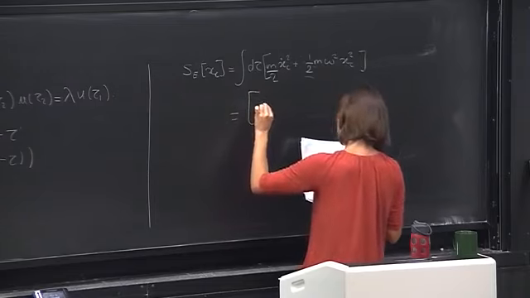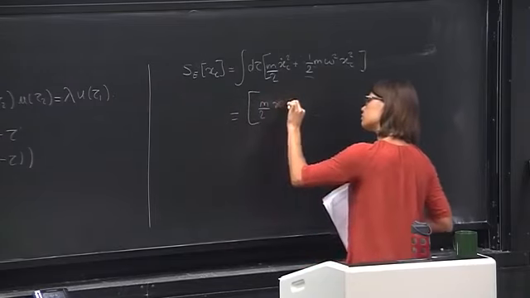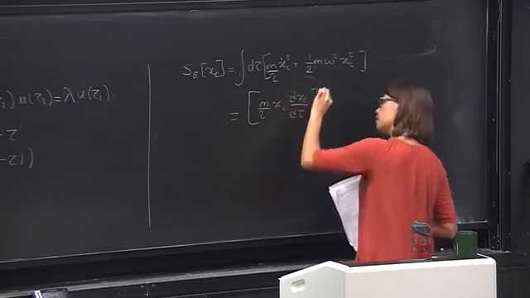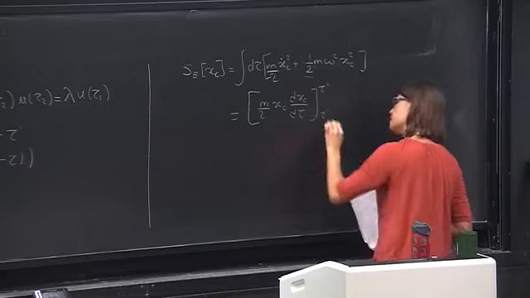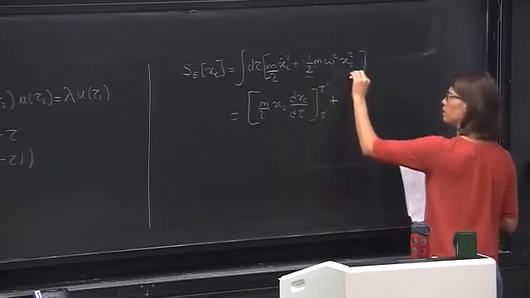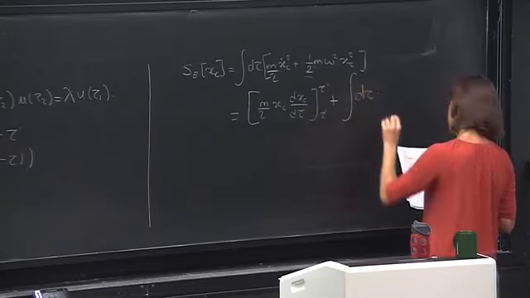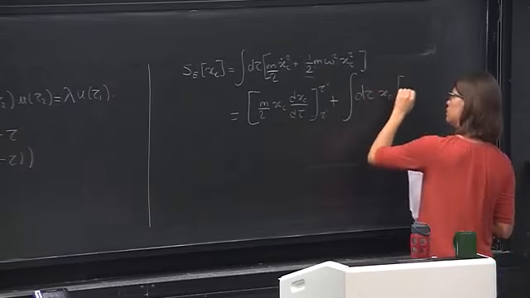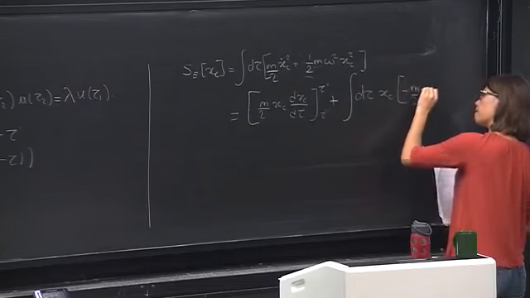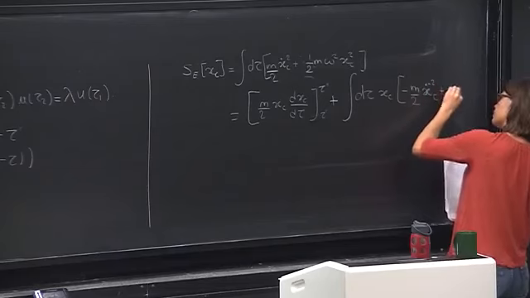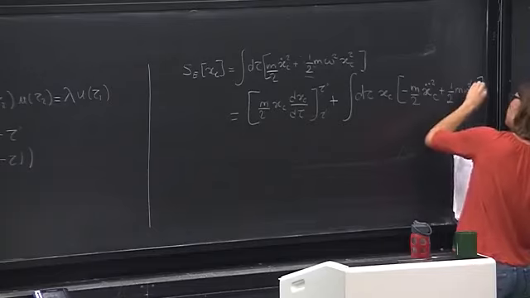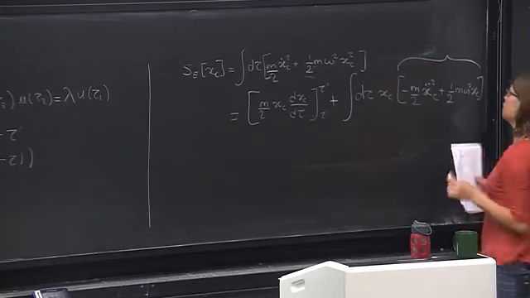So what I get is just that we will have to evaluate at, plus something that in fact is going to vanish, xc times... Okay, and here you can see that this is the equation of motion.